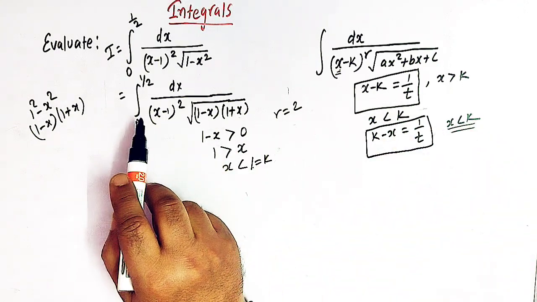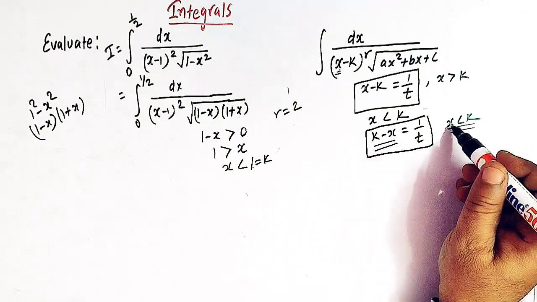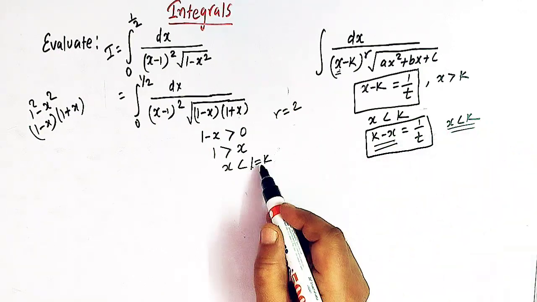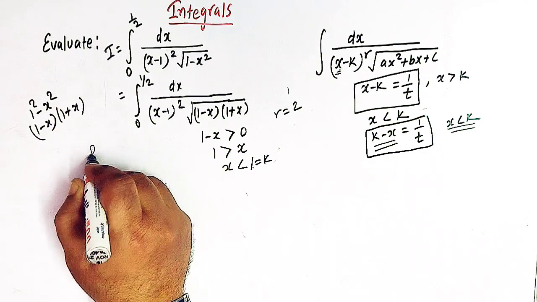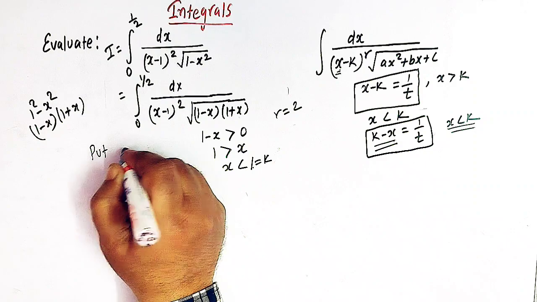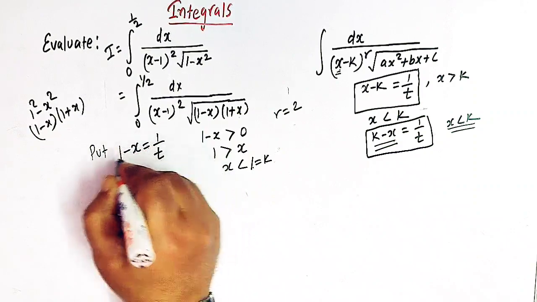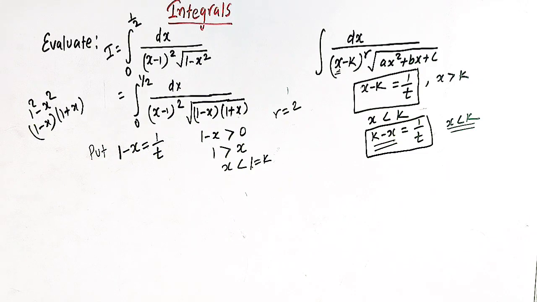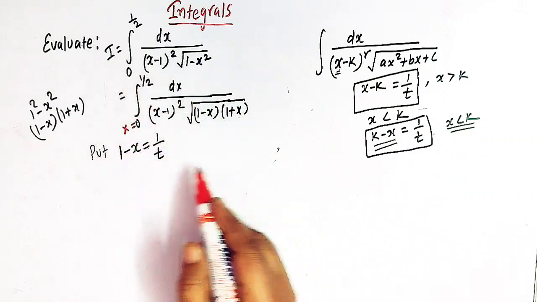To solve this integral, we'll make this substitution, because x is less than k and k is 1, so x is less than 1. So we'll take the substitution 1 minus x is equal to 1 over t. Here the value of x varies from 0 to half.